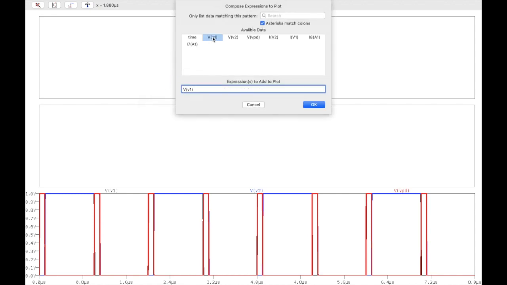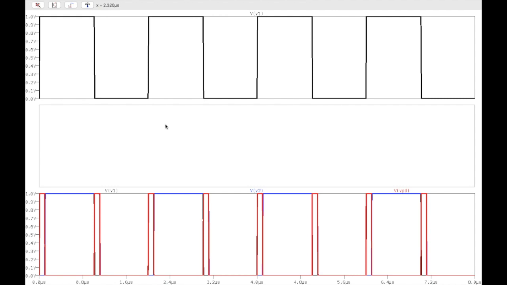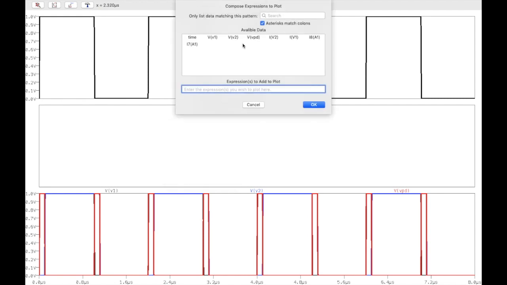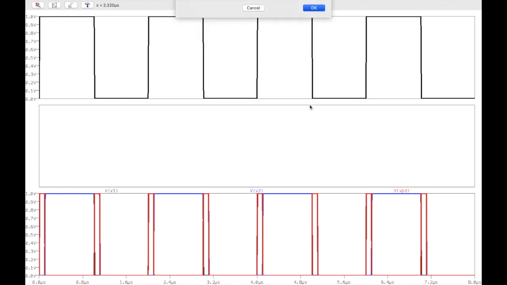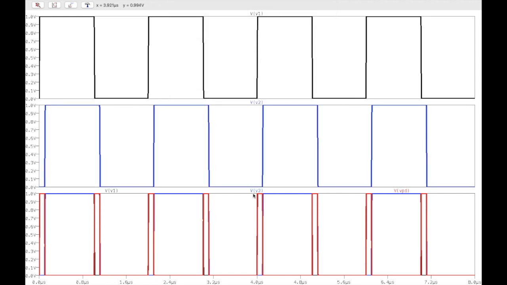So here I'll get v1. Okay, add traces here. I'll go to v2, and here I want to plot only PD, so I need to delete this v1 v2. So delete this one, delete this one. Okay, so you can see here.